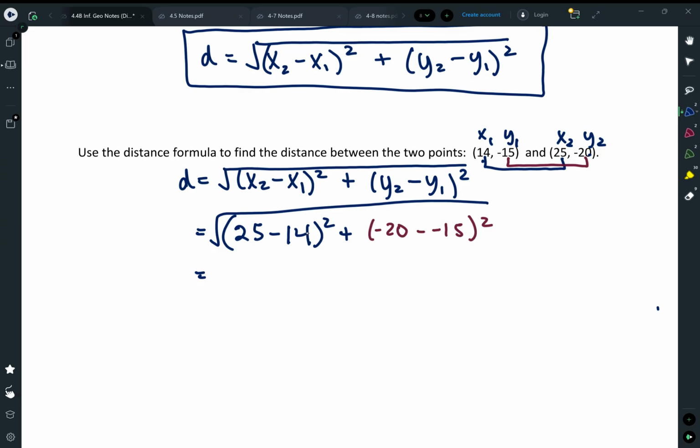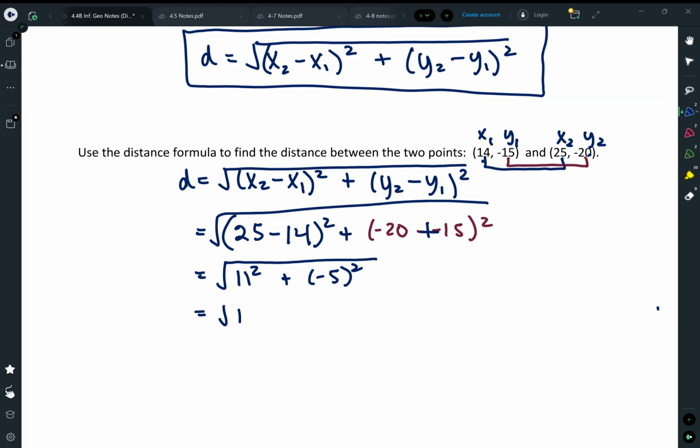So 25 minus 14, that's going to be 11 squared. Negative 20 minus a negative 15, well, minus negative means plus, so negative 20 plus 15 is negative 5 squared. And we have to keep the parentheses until we square that.